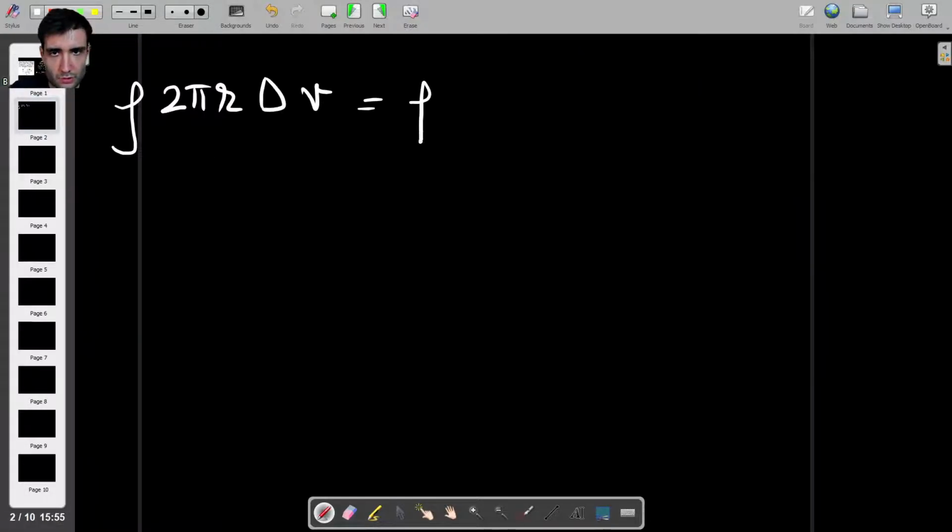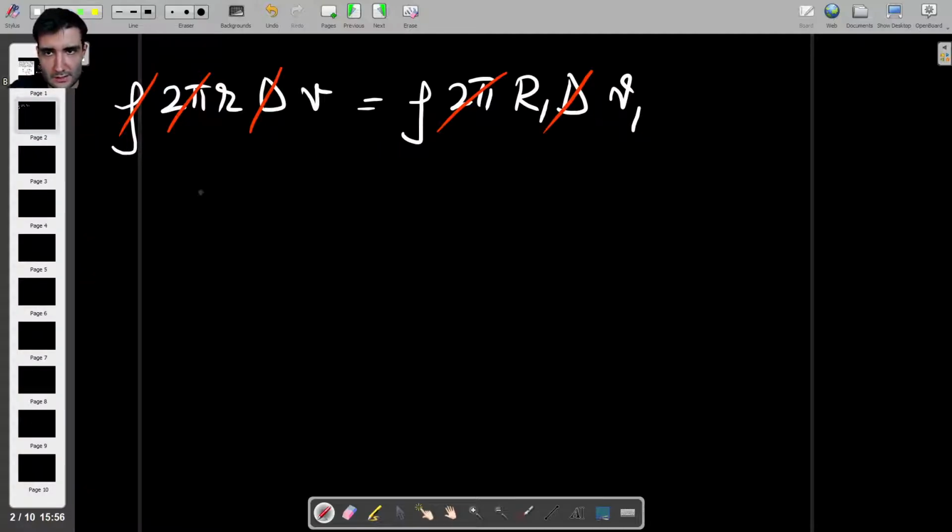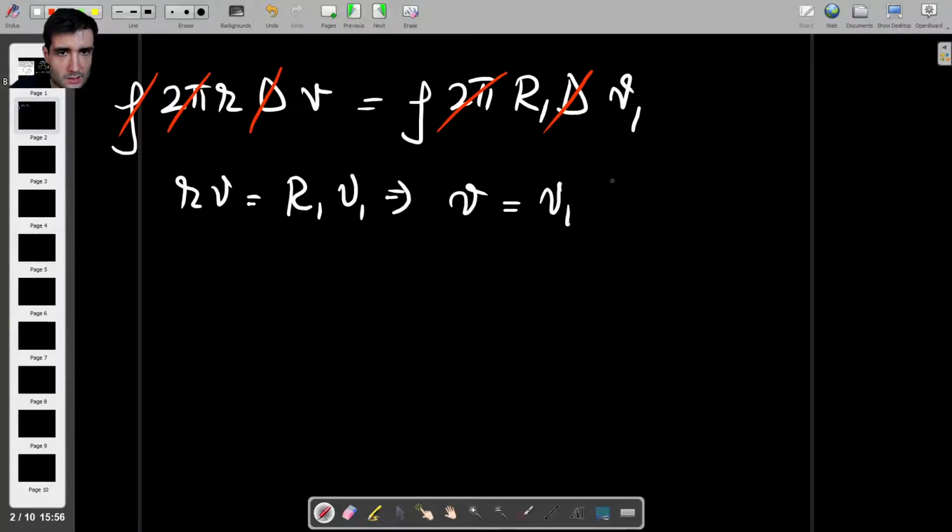That's equal to rho times 2 pi, and then I have r1, d, and v1. Most of the stuff actually cancels out, so the d's cancel out, which gives me that rv is equal to r1 v1, or v is equal to v1 r1 over lowercase r.